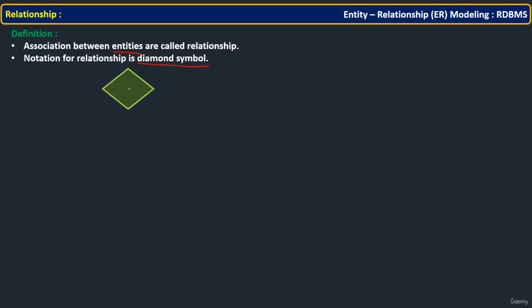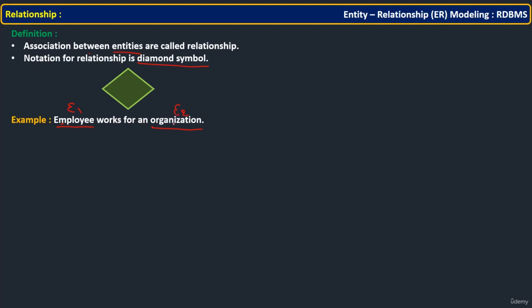Okay. So for better understanding, let us take a simple example, that is employee works for organization. Employee is one entity, organization is another entity. Now, what is the relationship between these two entities? This is entity one and this is entity two.